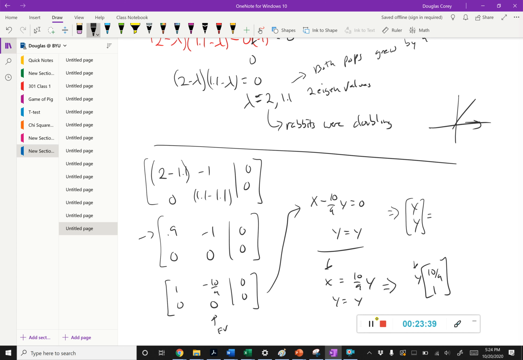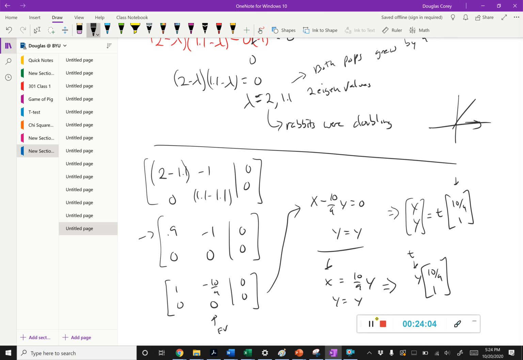I'm going to replace y with a parameter t. So t times (10/9, 1). I just did the procedure that we do to describe infinite solutions. There are infinite solutions here. Any multiple of this vector will work.